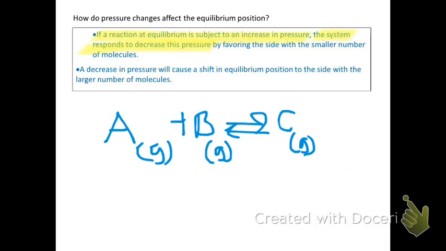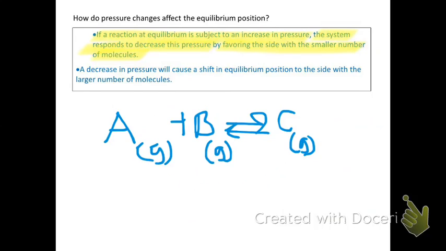Well, it has to reduce the pressure by shifting the equilibrium to favor the side with the smallest number of molecules or moles. So in this case, if I'm increasing the pressure, it's going to shift to the product side, where there's a smaller number of molecules, to reduce the pressure.